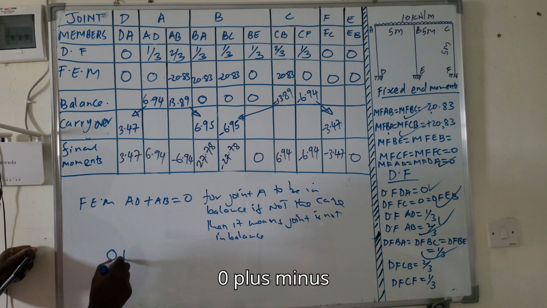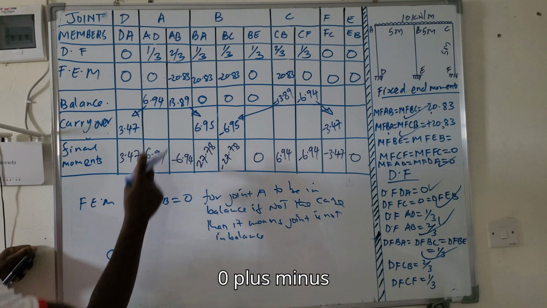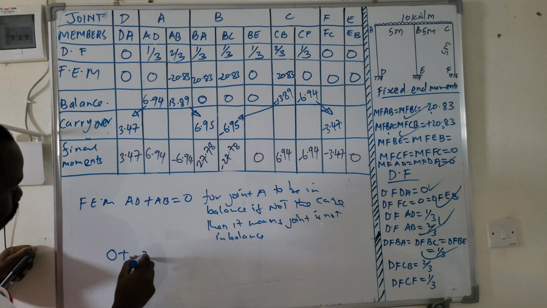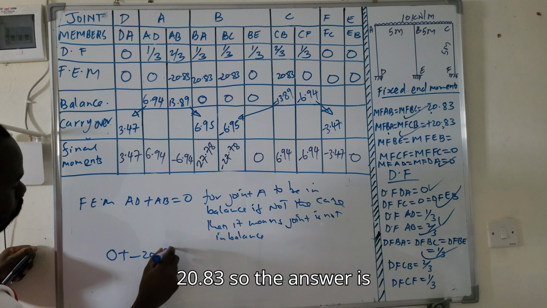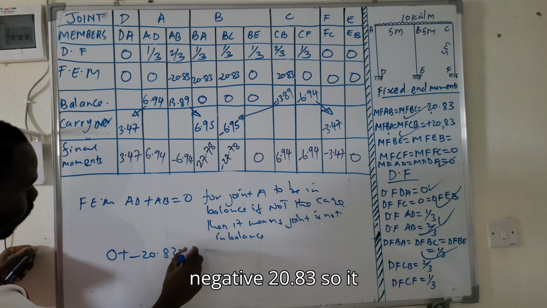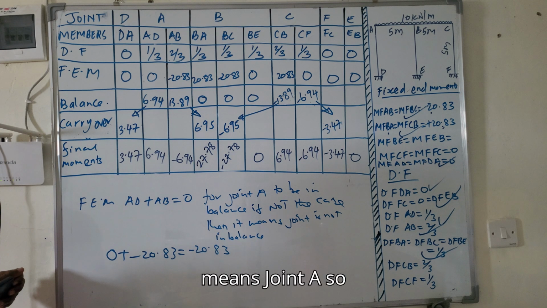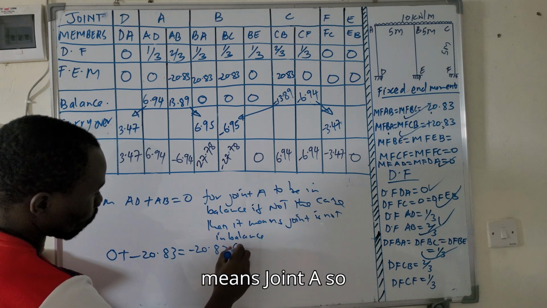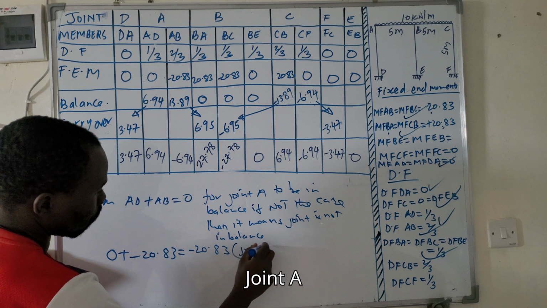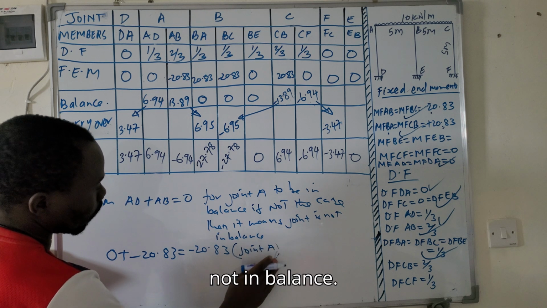So 0 plus minus 20.83. So the answer is negative 20.83. So joint A is not in balance.